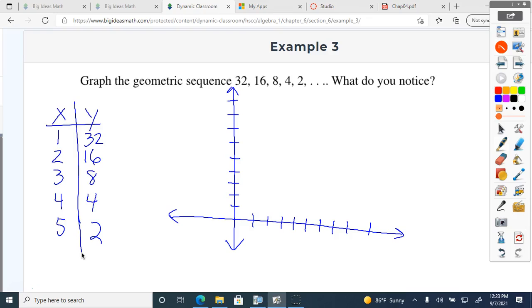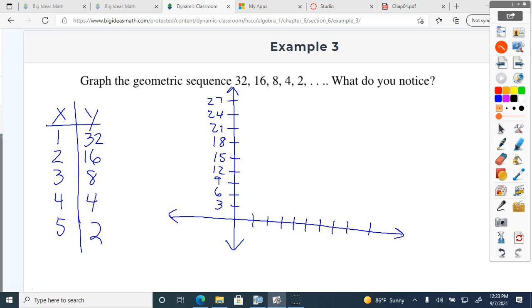By half. Okay? So obviously, do I have 32? No. I'm going to count by threes. 3, 6, 9, 12, 15, 18, 21, 24, 27. I still didn't quite get to 32, but we'll just guesstimate.